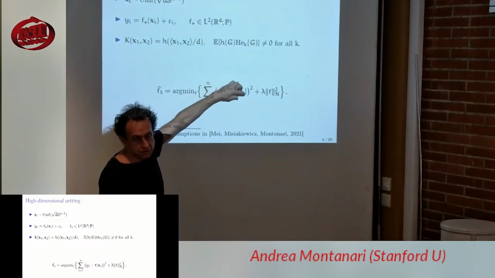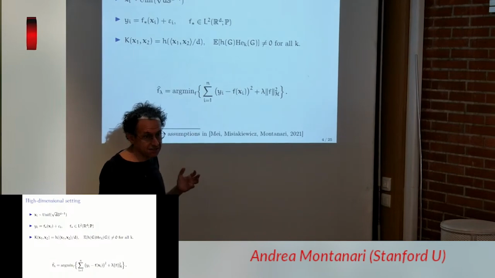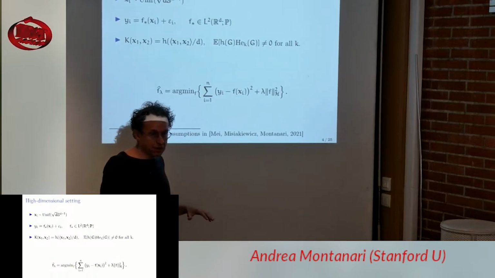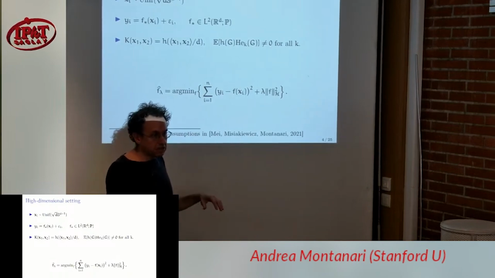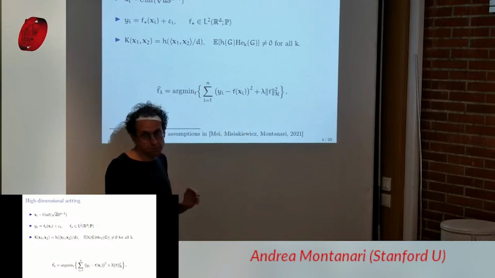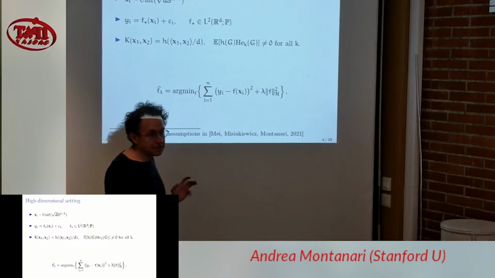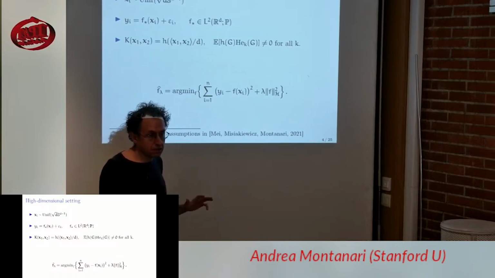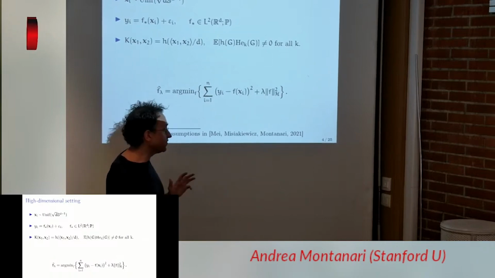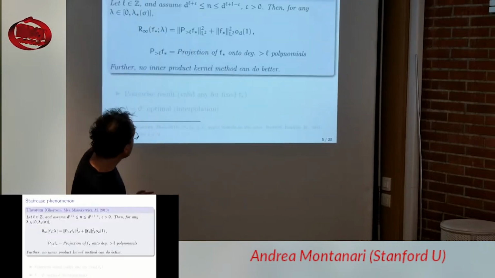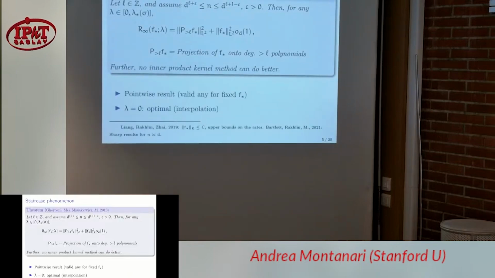You can do it because this function class is infinite dimensional, so you can interpolate all the data points. And among the interpolators, you are taking the one of minimum RKHS norm. So despite interpolating all the data points, you are achieving optimal test error. You don't lose anything.